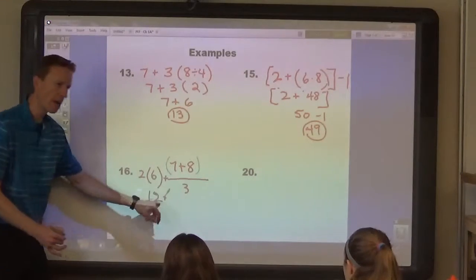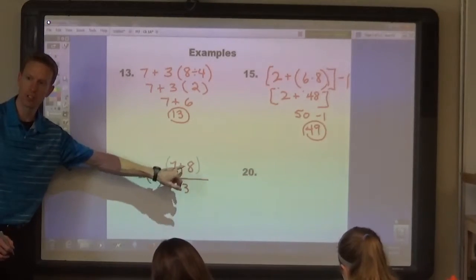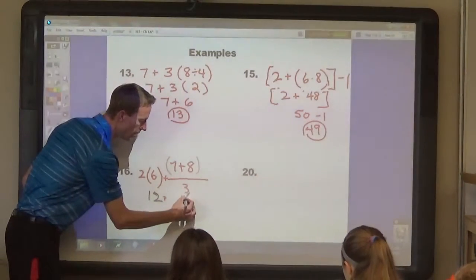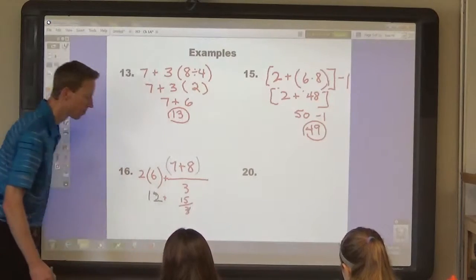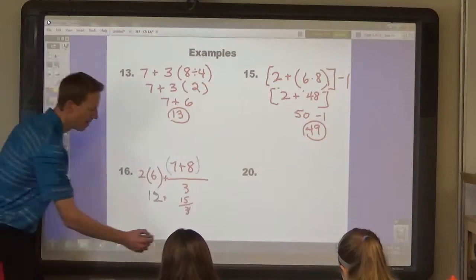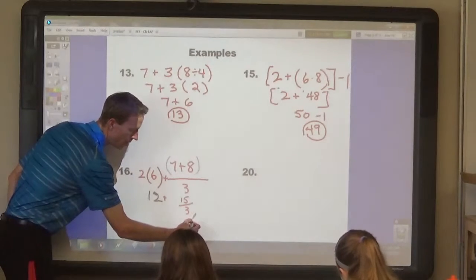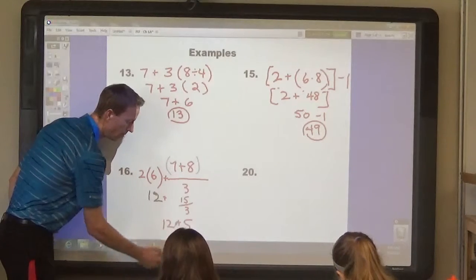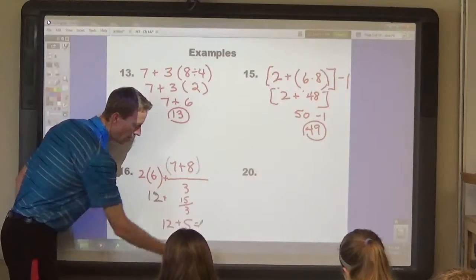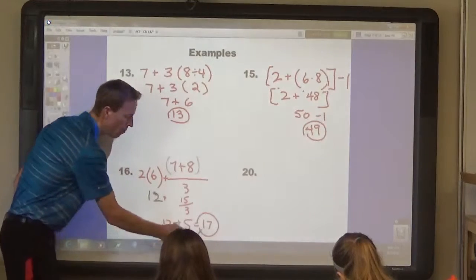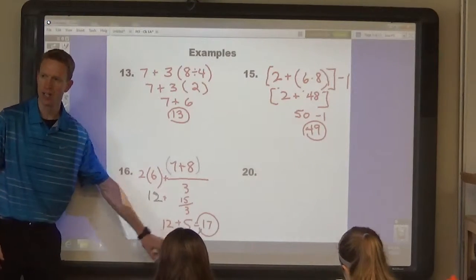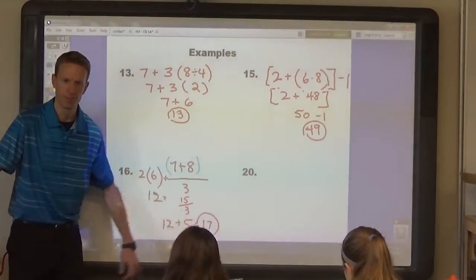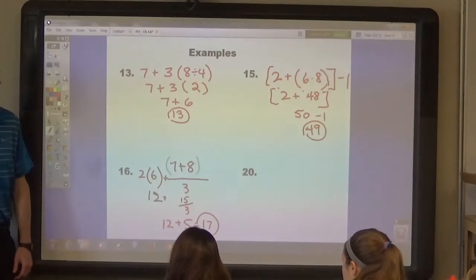So we want to bring down that plus sign so that you know what to do after you do the division. So we'd simplify this to 15 over 3, which is 5. 15 divided by 3 is 5, plus 12, and then 17. Now, I didn't have enough room at the bottom, otherwise I would write 17 underneath it. Okay? You don't use the equal sign there. Just write it at the bottom.